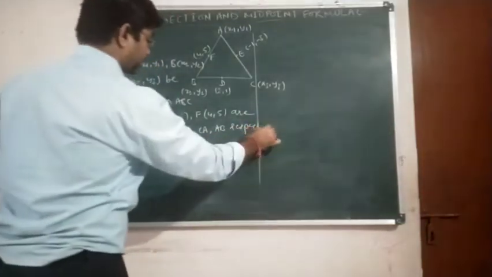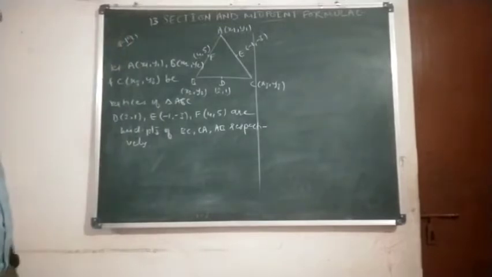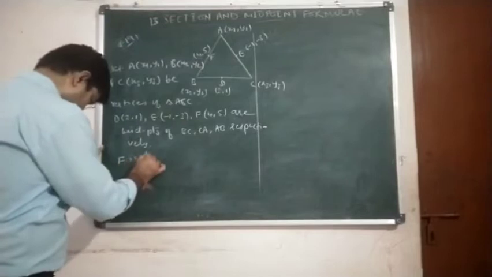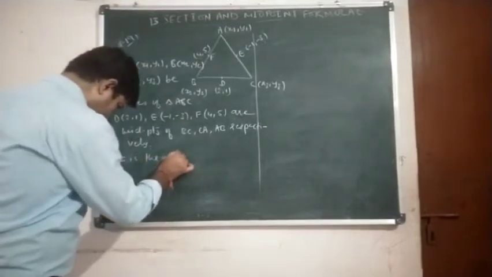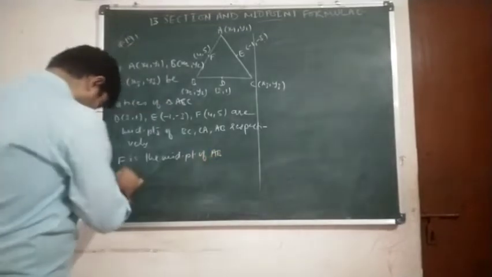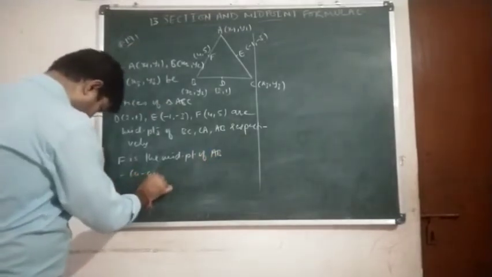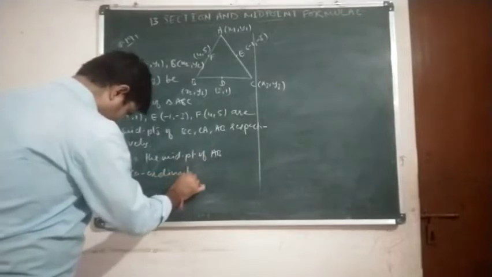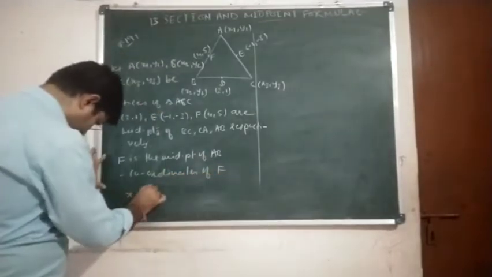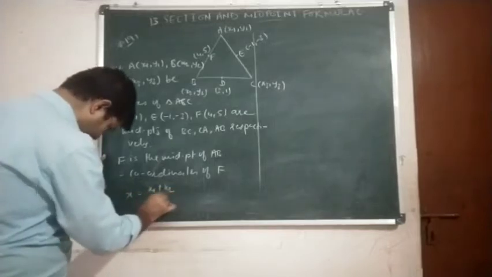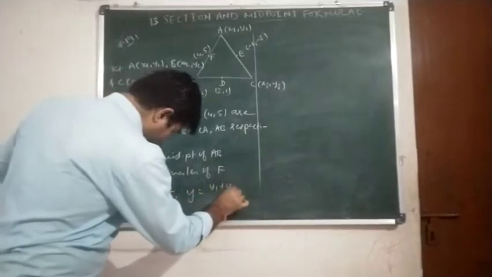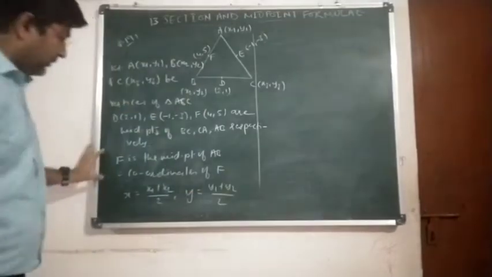Here, first F is the midpoint of AB, and therefore the coordinates of F are x equal to (x1 plus x2)/2 and y equal to (y1 plus y2)/2.